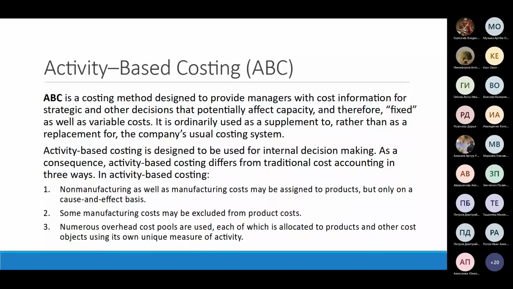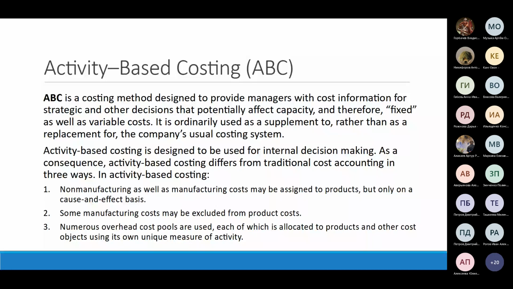And this is a costing method designed to provide managers with cost information for strategic and other decisions that potentially affect capacity and therefore equipment and materials that are often idle.